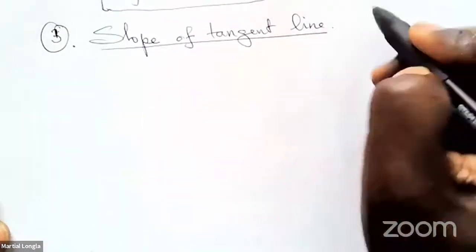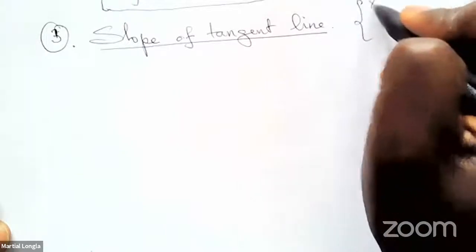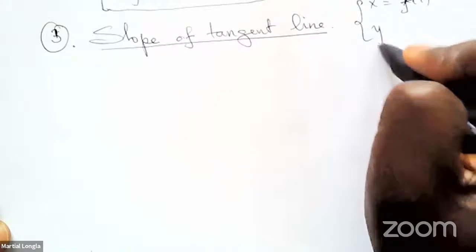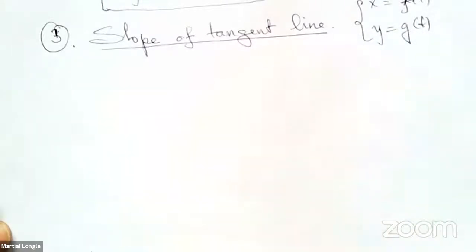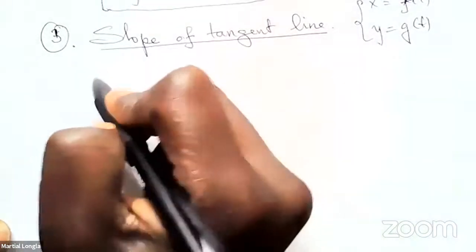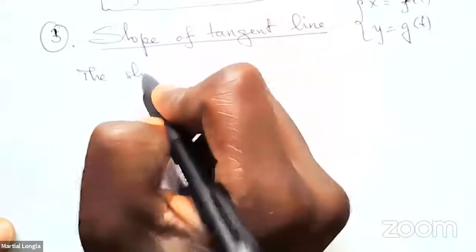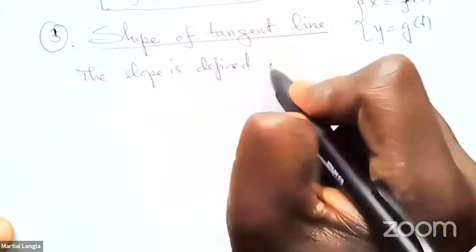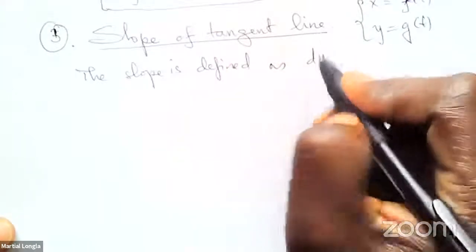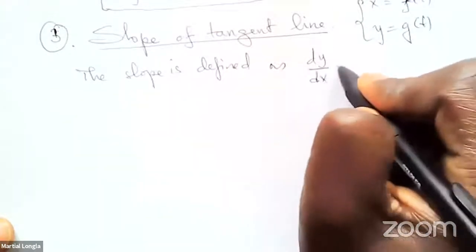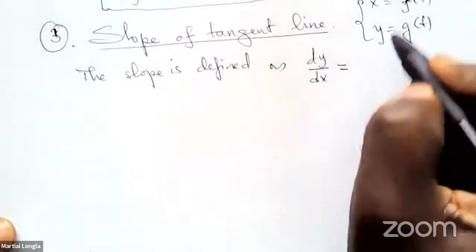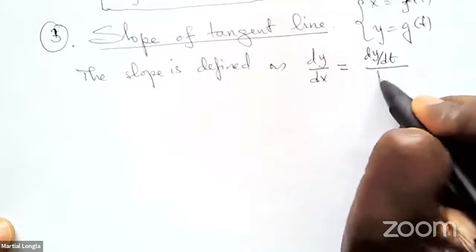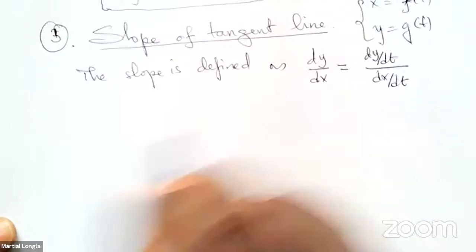Now, when we are in parametric, x equals x of t, let's say x equals f of t and y equals g of t, then the slope is defined here: dy over dx equals dy over dt divided by dx over dt.